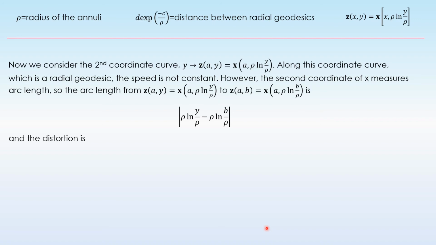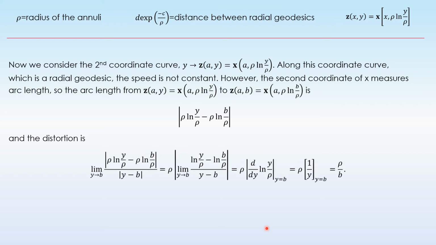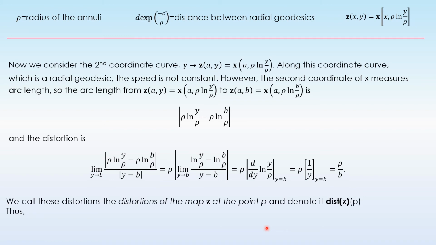And the distortion, by our definition of distortion, is equal to the limit as y approaches b of the difference in our y coordinates divided by the absolute value of the difference in y and b. Since ρ is the radius of an annuli and a positive value, we can factor out that ρ from the numerator. We can also take the absolute value of the limit as opposed to the limit of the absolute value in this case.